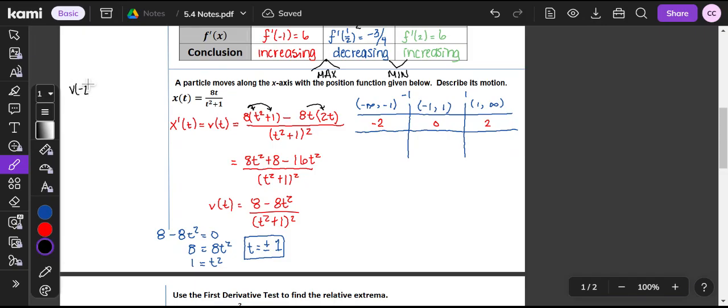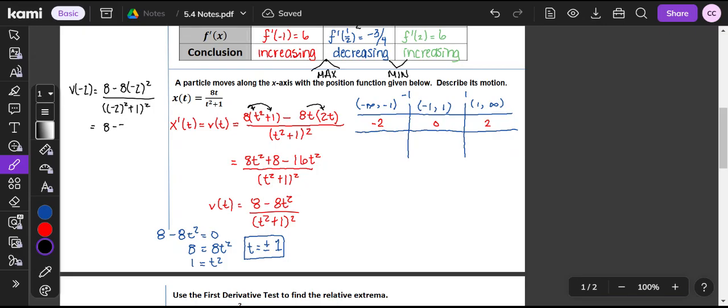Let's see. The velocity at -2 is equal to 8 minus 8 times -2 squared all over -2 squared plus 1, and then that is squared. So let's see, this is 8 minus 8 times -2 squared is 4.